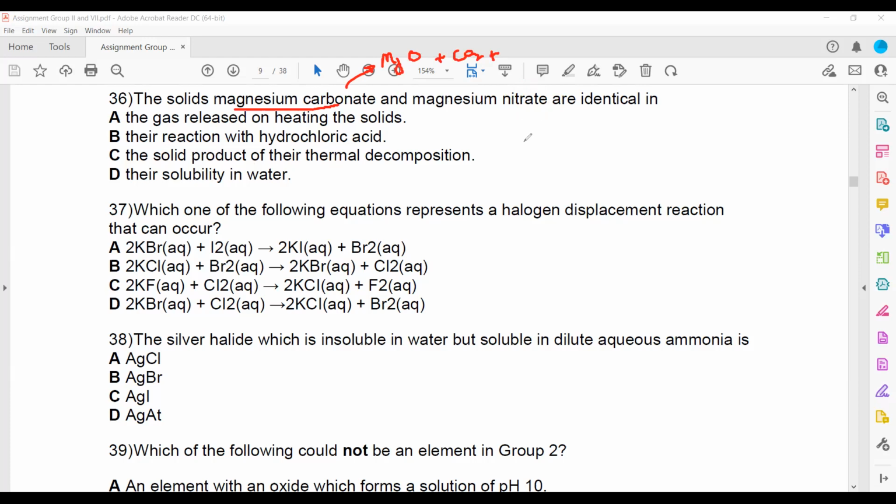Here this will decompose into metal oxide plus nitrogen dioxide, plus oxygen is also there when we heat nitrates. But the solid product is the same, magnesium oxide in both cases. So that's why option C is right. And their solubility: most carbonates are insoluble, so magnesium carbonate does not dissolve in water.